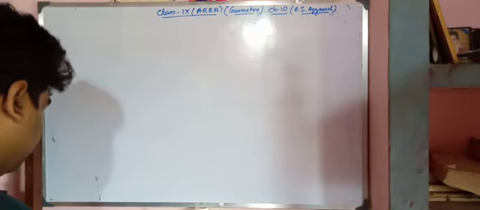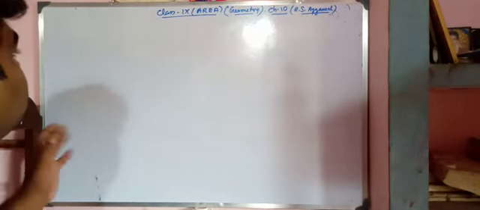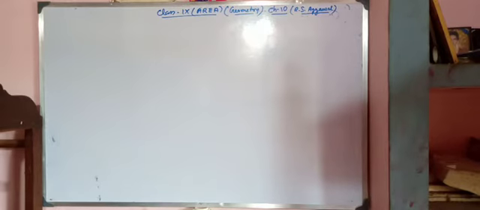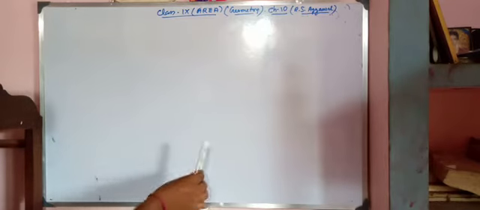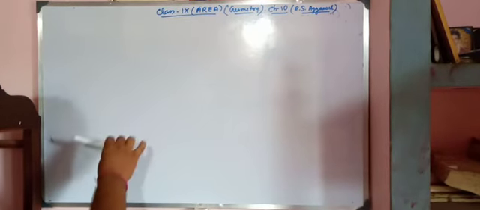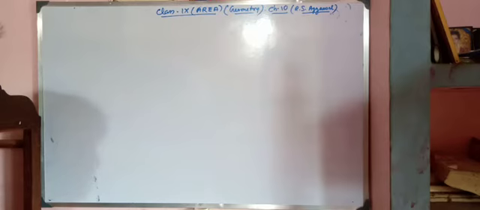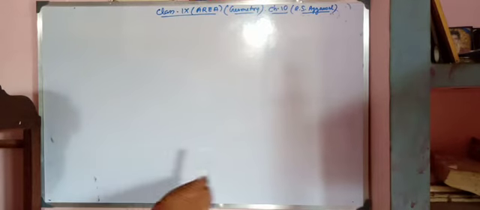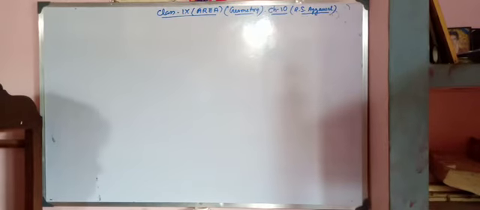First, what is area? Now if we take this board, the area is this middle portion that is covered by the board. Understood that? The whole white portion is called the area of this board.